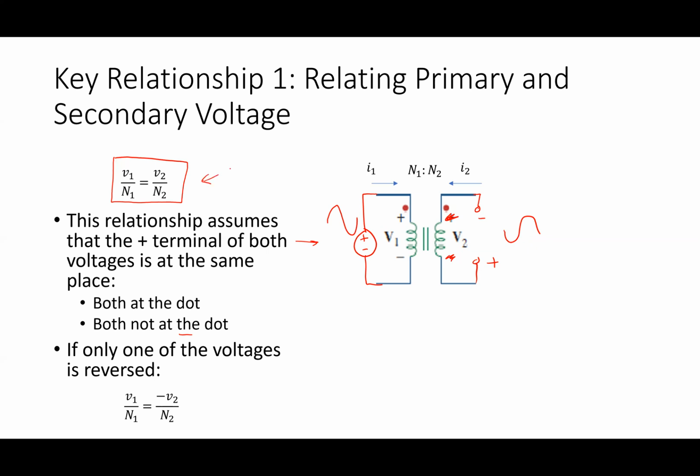What I've shown right here, the plus sign is at the dot in both cases, so this relationship up here applies. If they reverse and one of the plus signs is at the dot and one of them isn't, then I get a negative relationship in the voltages.